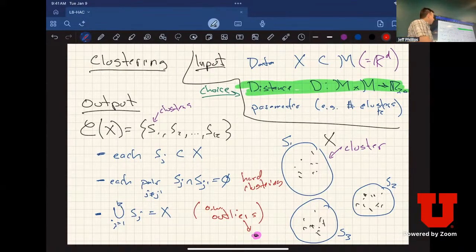So I've told you what the structure of the output is. I haven't told you what's a good clustering and what's not a good clustering yet, but we've actually already run our first clustering algorithm. You probably won't find this in most textbooks, but my recommendation for your first clustering algorithm is to plot the points and then circle the clusters. Okay, I'm totally serious.